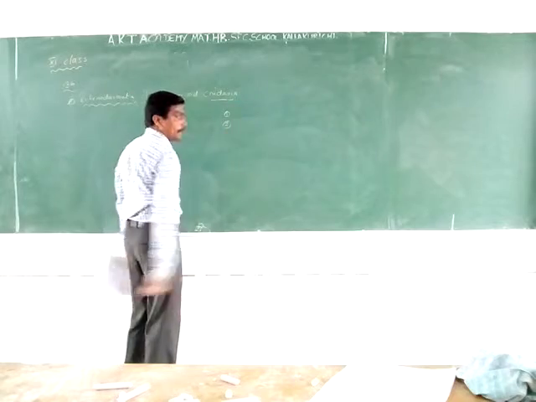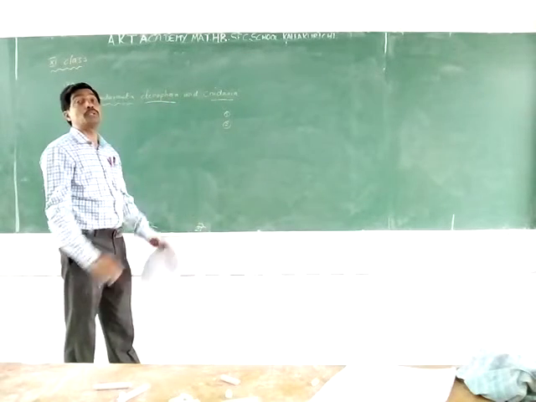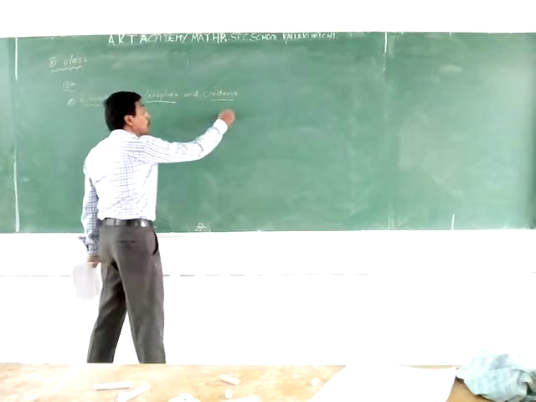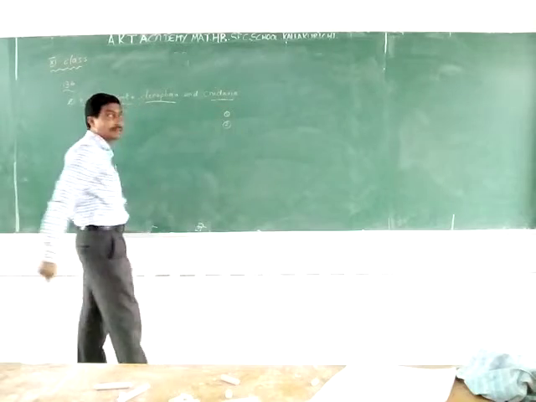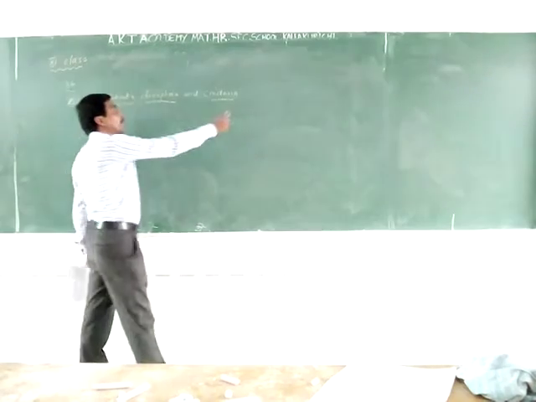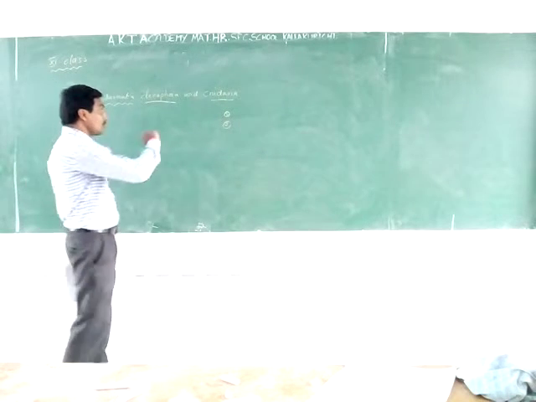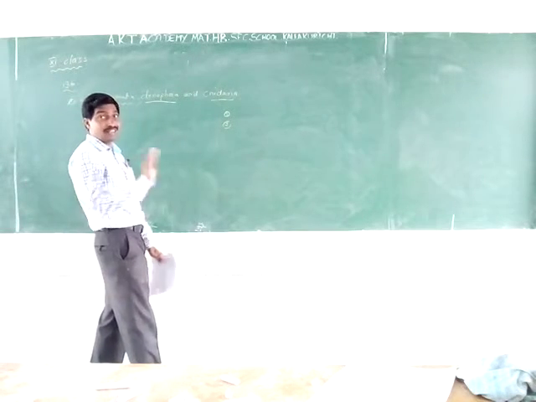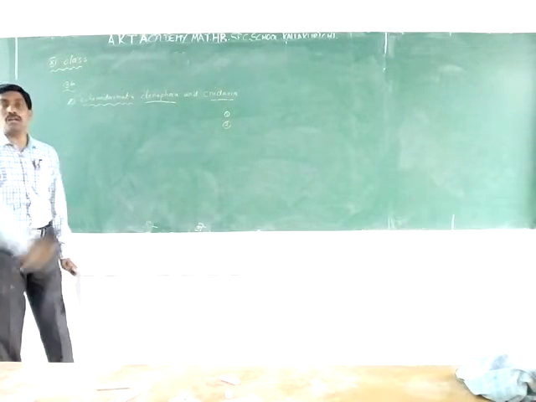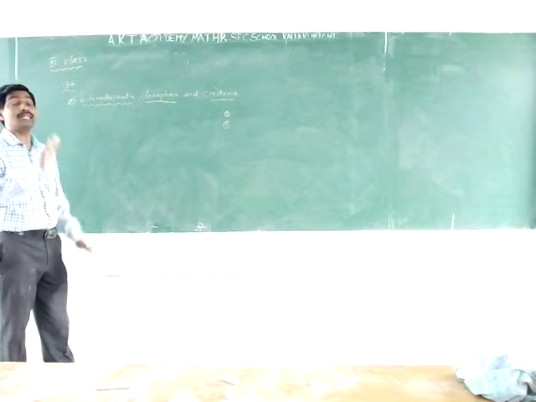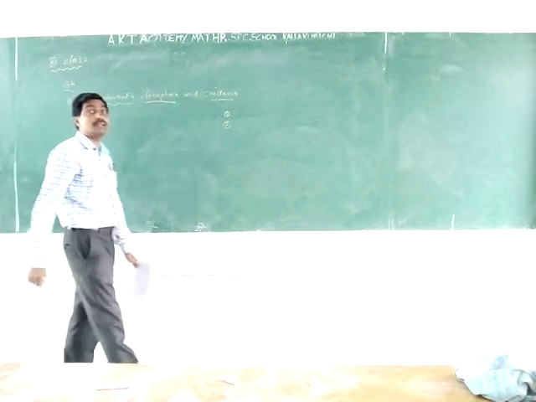What is symmetry? Symmetry means animals which can be cut into two equal parts along the central axis. In radial symmetry, any plane through the central axis divides the animal into two equal parts. If only one plane divides the animal into two equal parts along the central axis, that is known as bilateral symmetry.